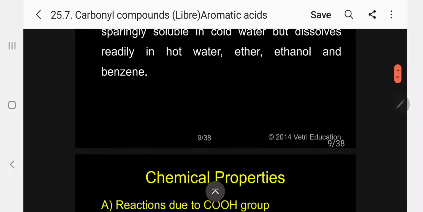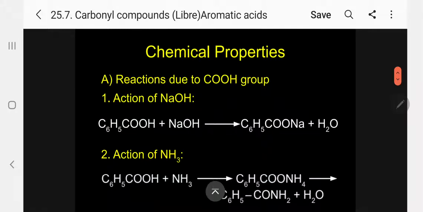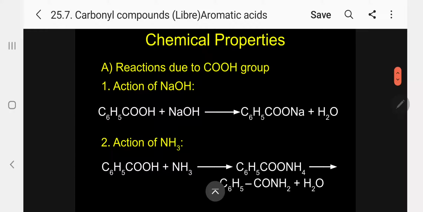Kindly follow. Coming for chemical properties, please follow. When you come for chemical properties, here the reaction due to carboxylic group and reaction due to benzene ring, it is as usual. We have discussed in other cases. So first let me discuss reaction due to carboxylic group. I will come later to the benzene ring.